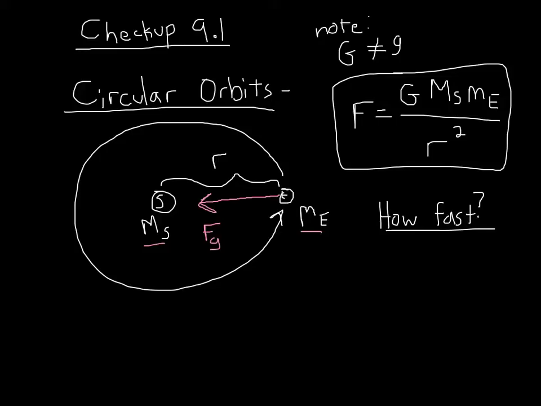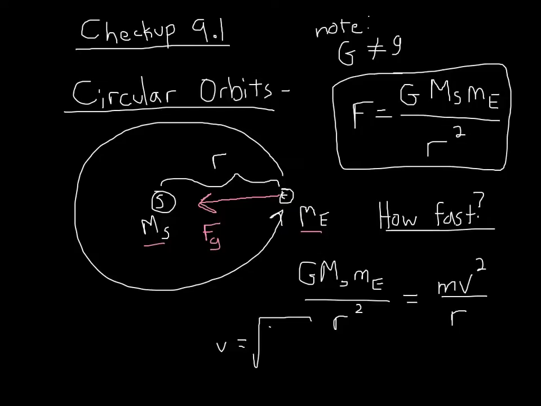So if it's a centripetal force, I can take that force, G times mass of the sun times mass of the Earth, divided by r squared, and set it equal to a centripetal force, which is mv squared over r. I can do some algebra. I can solve for my velocity v. My velocity due to orbit is then going to be the square root of G times the mass of the sun over r.